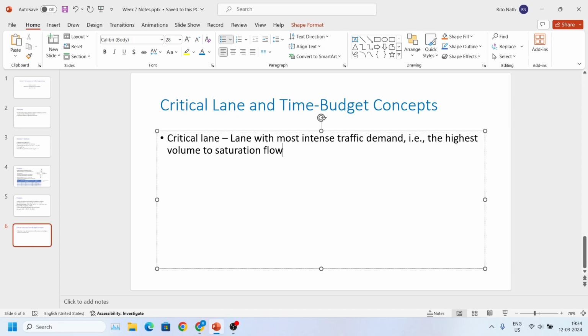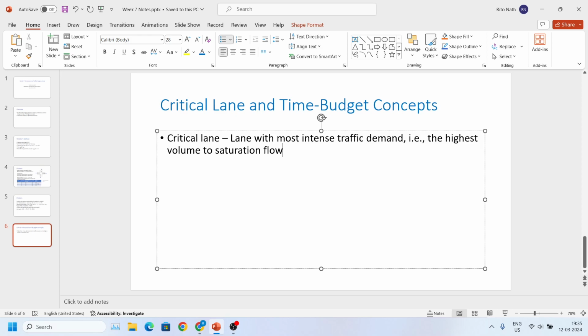There was one example also given there, and the flows are provided, but you have to divide them by the 0.95 or 0.9, whatever number is given, to get these equivalent hourly volumes. So maybe I'll just go into that one example problem that was discussed in the class, and then I'll probably move to the next topic.